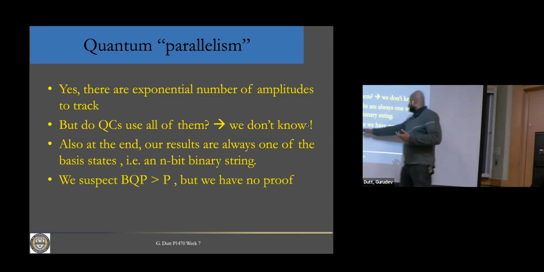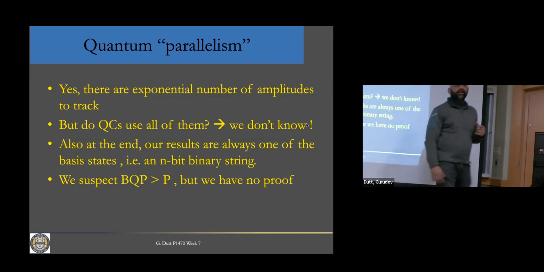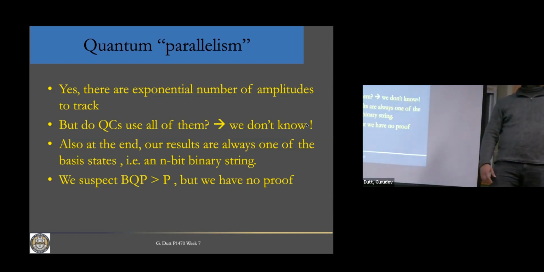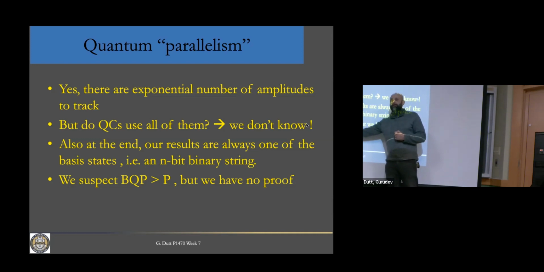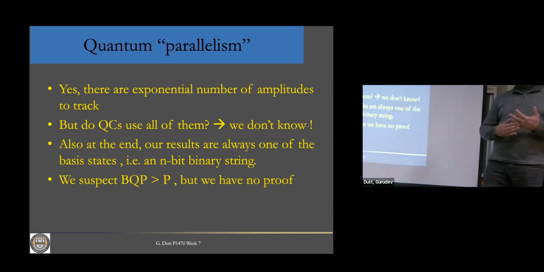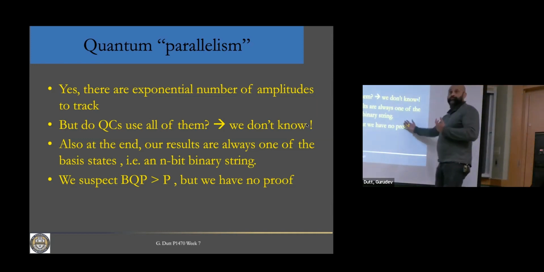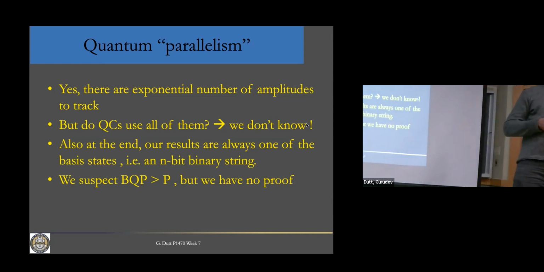We suspect, of course, that BQP, which we have introduced as the computational complexity class of bounded-error quantum polynomial time problems, contains P. We have problems that we think are in BQP but not in P. We've talked about that, but we have no proof that it is true, and it would be a big advance if we were able to show that.